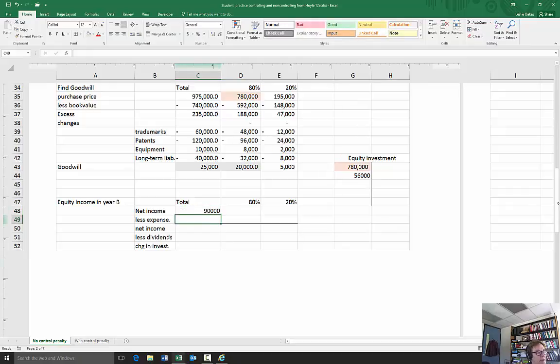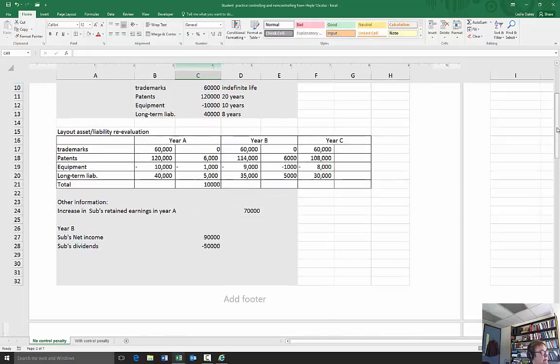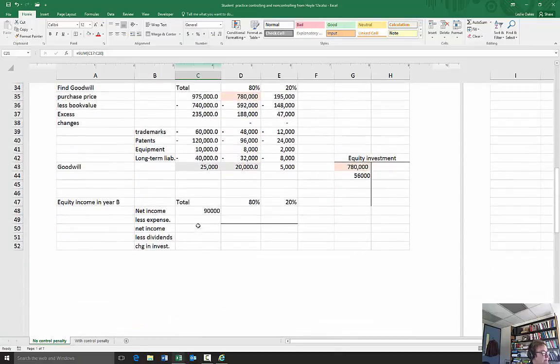Then let's go to our table. And our table says that we have a total of 10,000 in adjustments that we need to make. So we're going to subtract 10,000. And that gives us 80,000. Just check. Make sure.